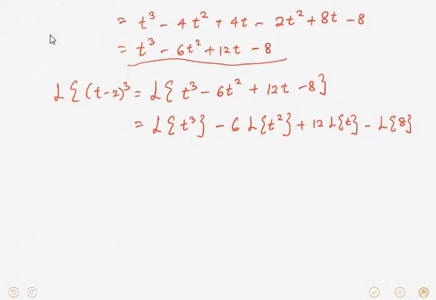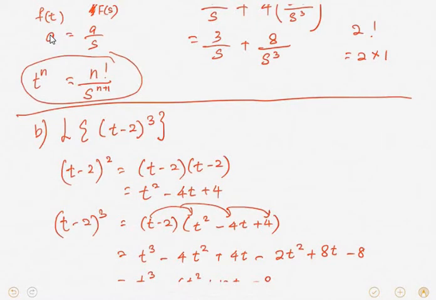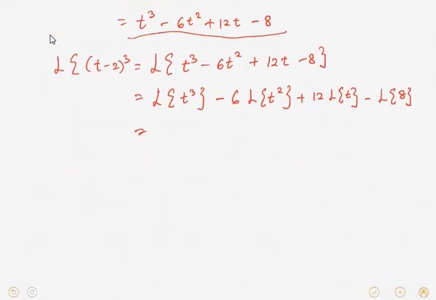Again, for t power of 3, we use this formula, where n is 3, so you have 3 factorial divided by s power of 4, minus 6.